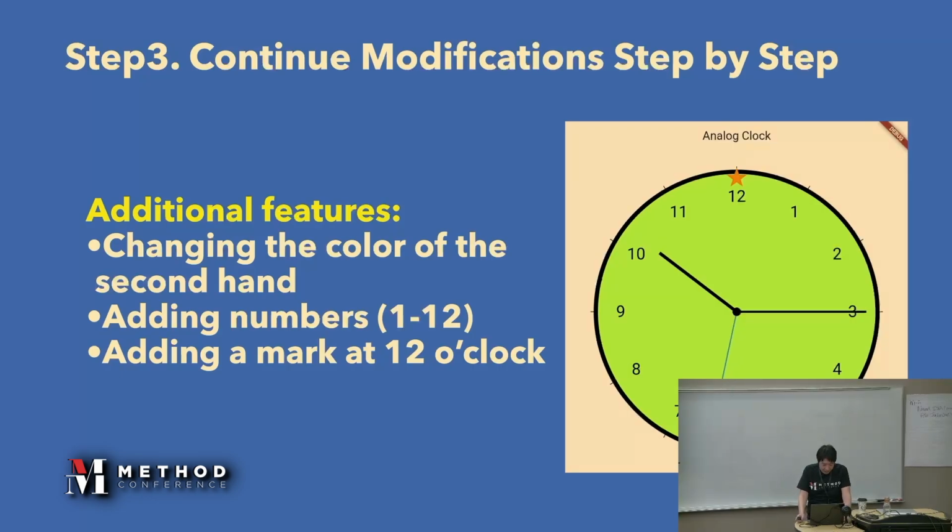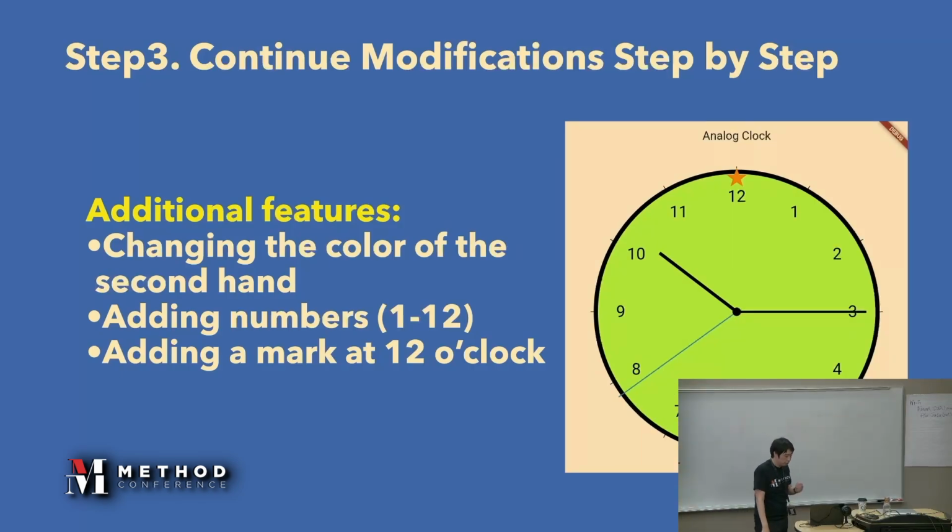Okay, let's continue the modification step by step. My goal is like this, but we have to modify some points. For example, changing the color of the second hand. I'd like to change the second hand color from black to blue, and add some numbers along the circle, adding the 1 at 12 o'clock.